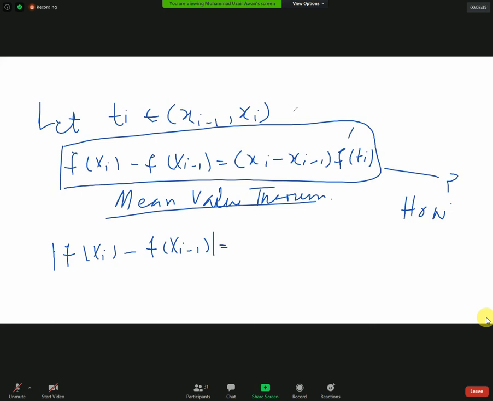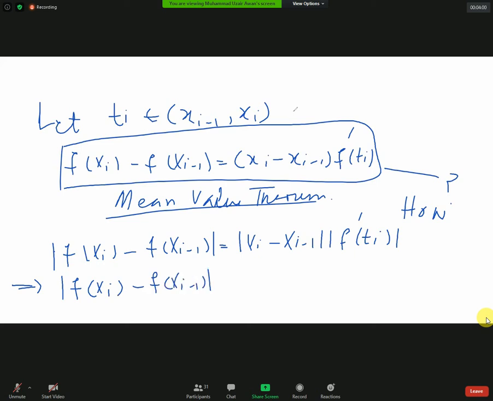This is equal to f dash of ti. ठीक हो गया जी? अब this implies is equal to ti. ठीक हो गया जी?